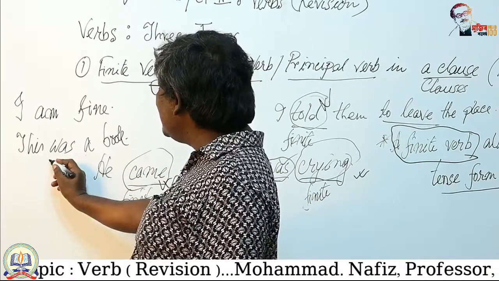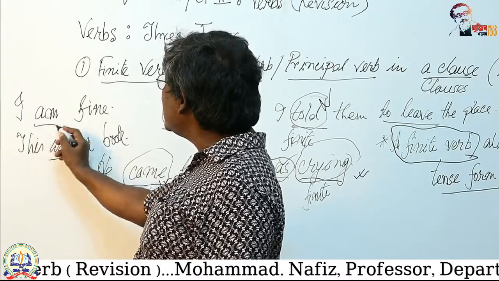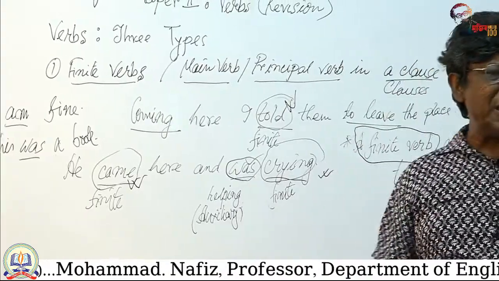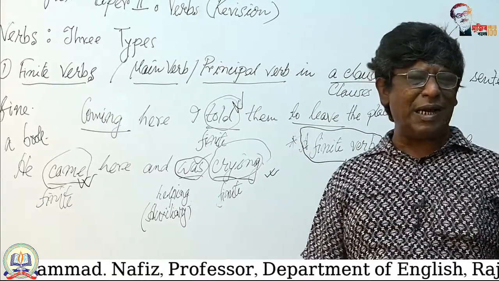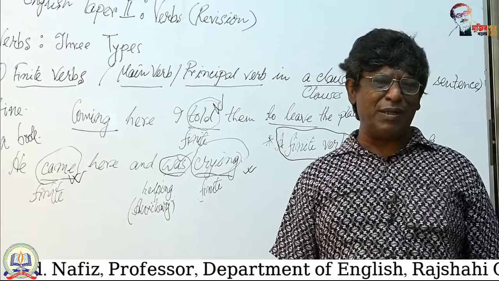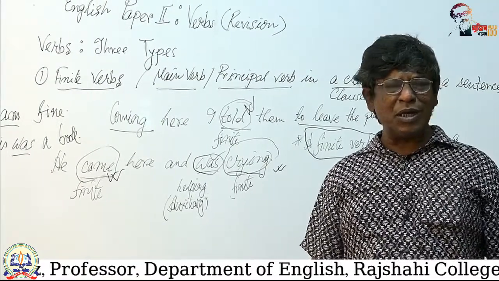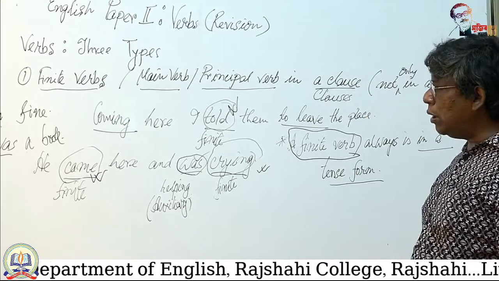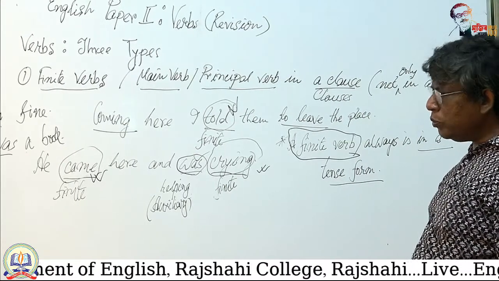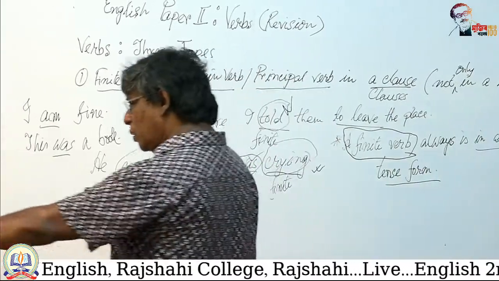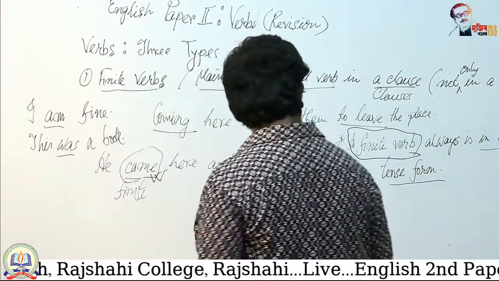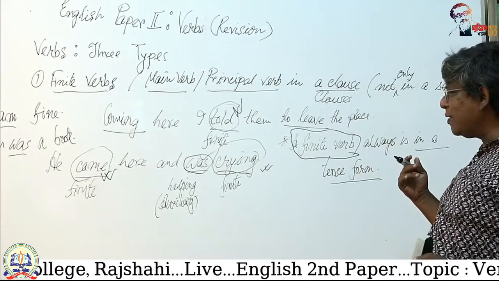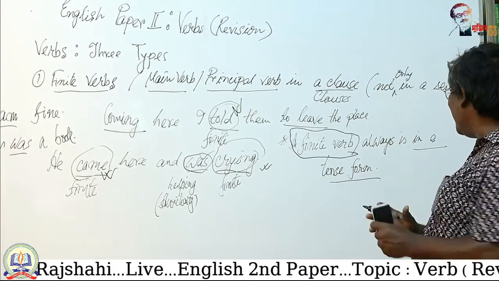In the second sentence was, or in the first sentence am, both are finite verbs because they are not helping any other finite verb to determine the tense form. Now we are ready to identify the finite verbs in a sentence.